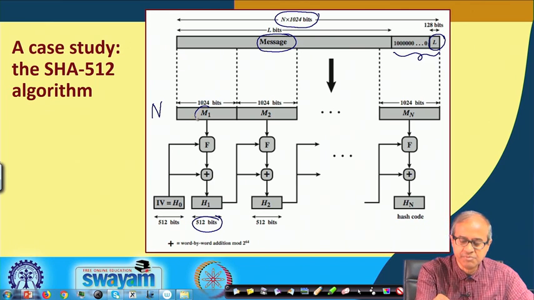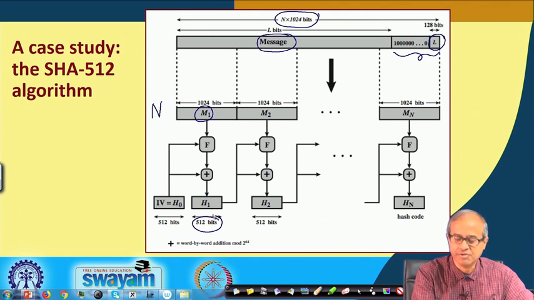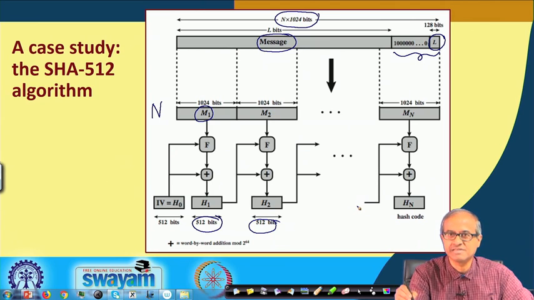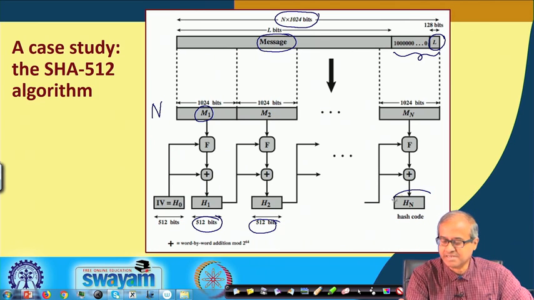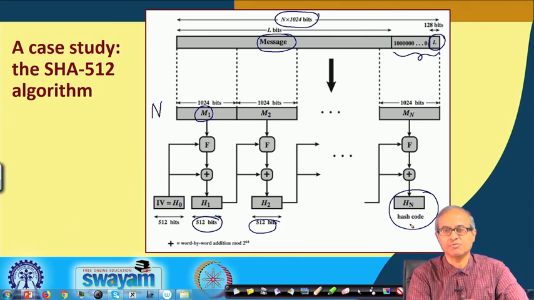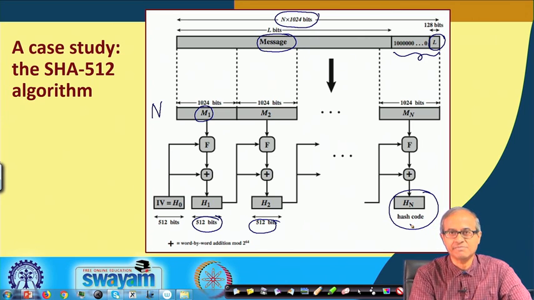The first block M1 generates 512 bits of data, but this hash value is fed as input to the second stage, which creates another 512. This proceeds, and finally we get a single 512 hash value. The final value that comes out is taken as the 512 bit hash.